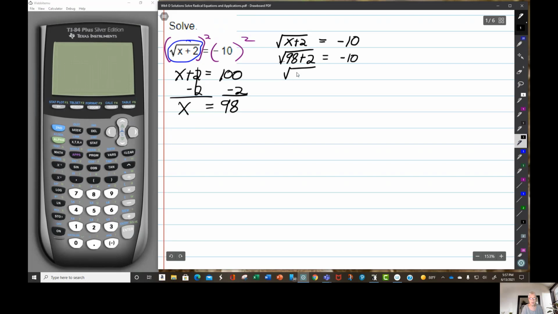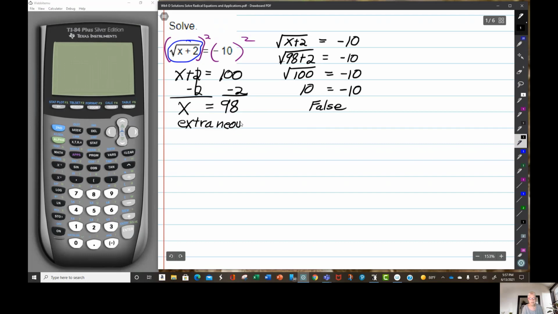So I'll have the square root of 100 equals negative 10. So the square root of 100 is 10, equals negative 10. Is that true? No, it's not. This is false. So this is extraneous. It's not the real answer.